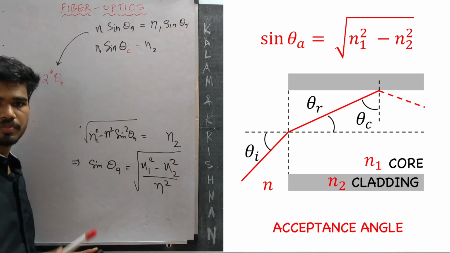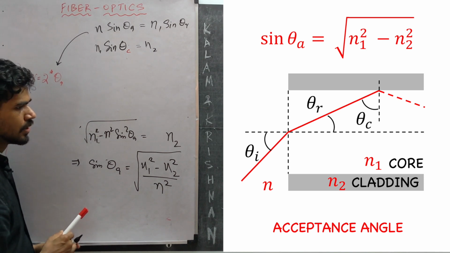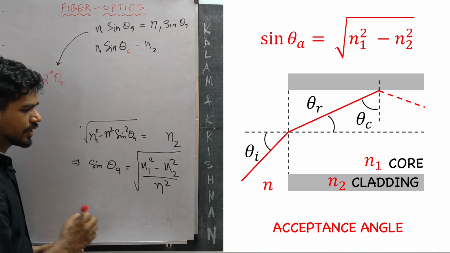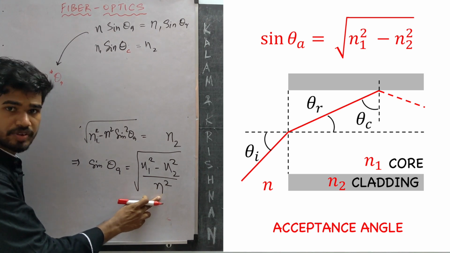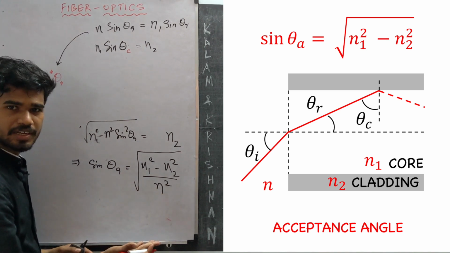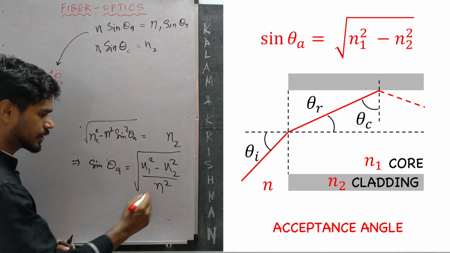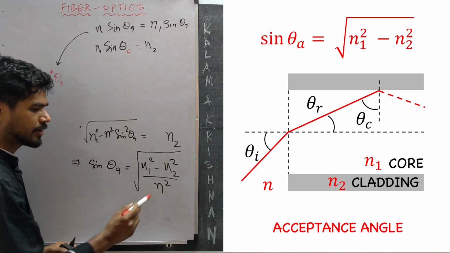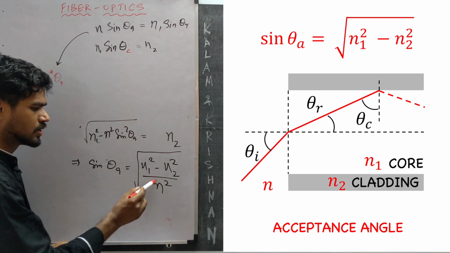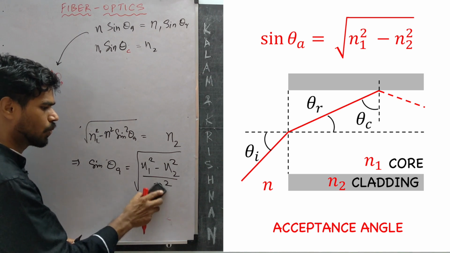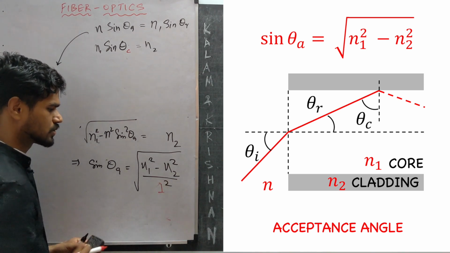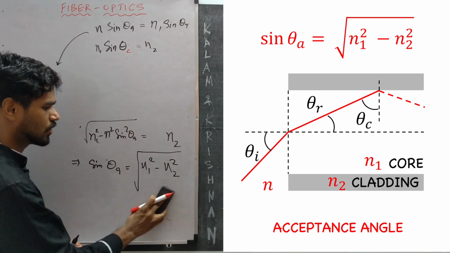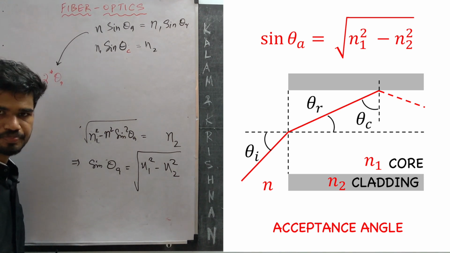Now here comes some approximations. Outside of the fiber optic cable we have refractive index n, which is usually air, whose refractive index is 1. So this n square term is just 1 square. So this whole thing becomes square root of n1 square minus n2 square.